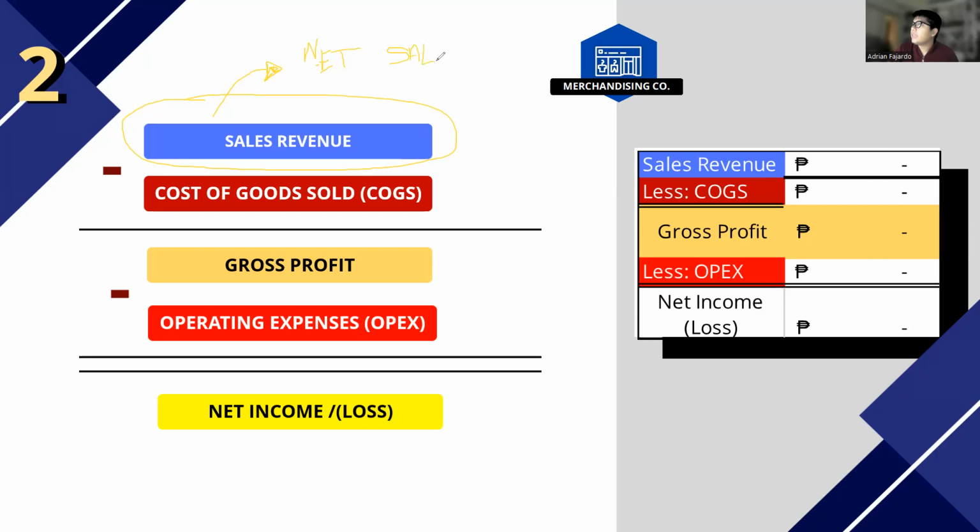And then when we say net sales, what would that be? Net sales would be sales revenue minus SRA, sales returns amount, minus sales discount is equal to net sales.